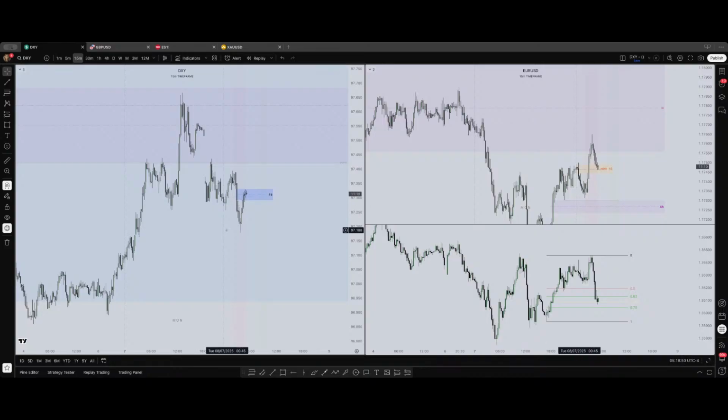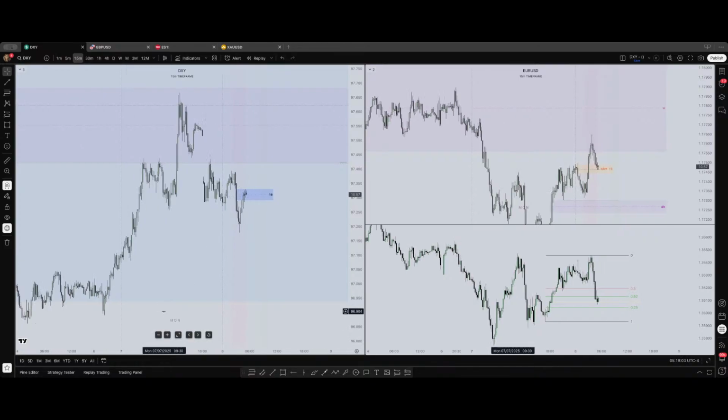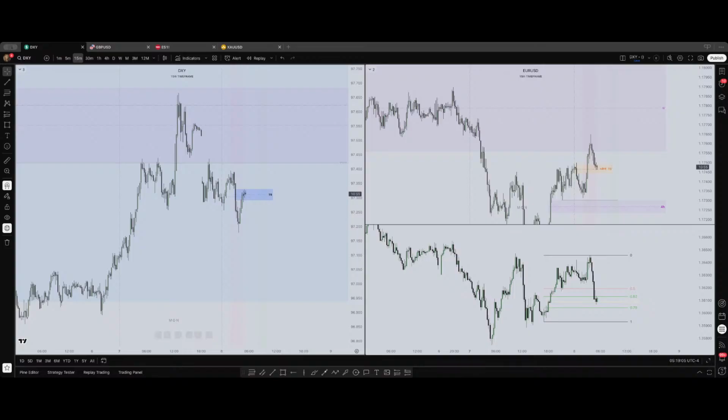High resistance liquidity run. You mean in the dollar or in euro as well? Yeah, but that's normal. It's normal because this market is not closed in Europe. It's open. But after New York time, when New York opens, we'll see. And also we have FOMC tomorrow.